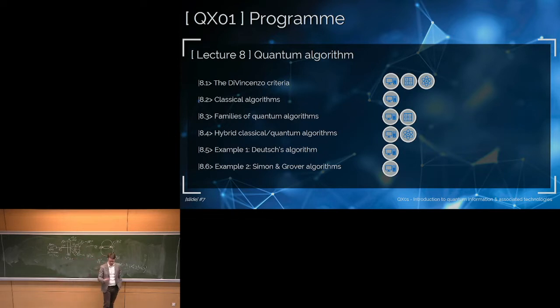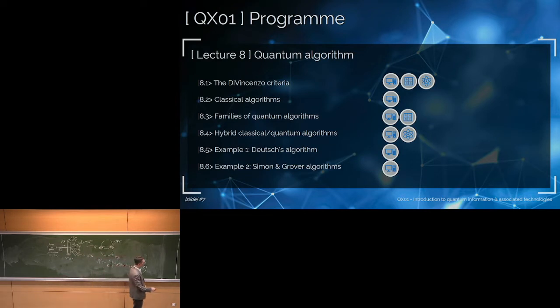David DiVincenzo, I'll talk about this, gave some criteria in order to build a quantum computer, and I just want to state that. I think it's the right time to see what is required to build a quantum computer. Then, to talk about algorithms, I'll say an extremely quick word on classical algorithms.